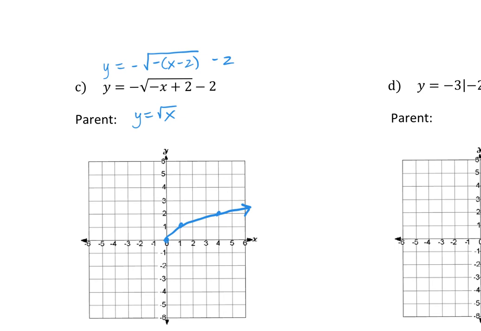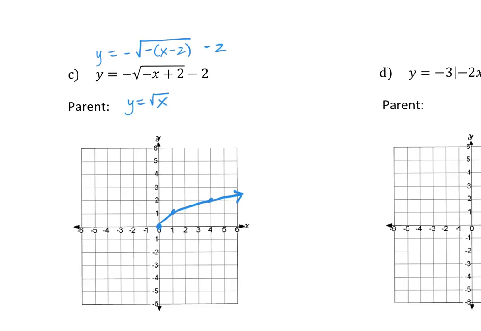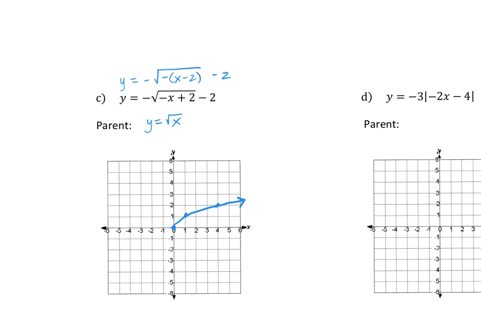So we're going to take this function and I'm going to do the reflection first. I want a different color. I'm going to do this reflection first, and we're going to go ahead and reflect that. Remember, that's going to reflect across the y-axis.